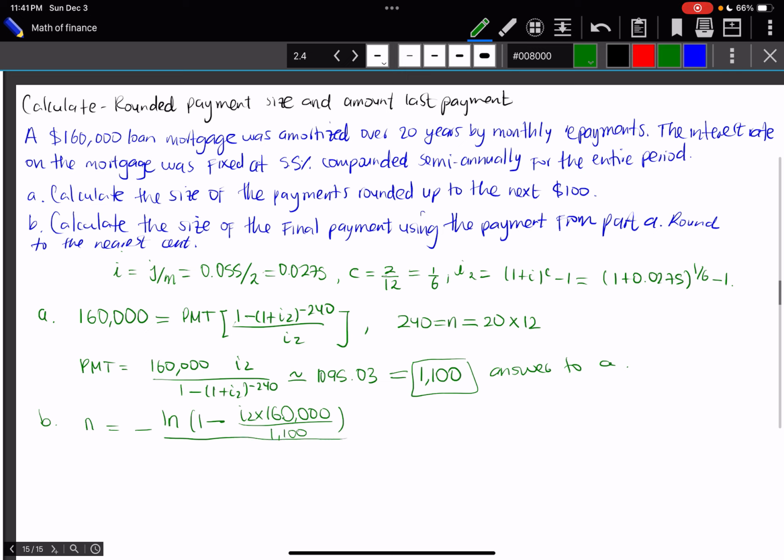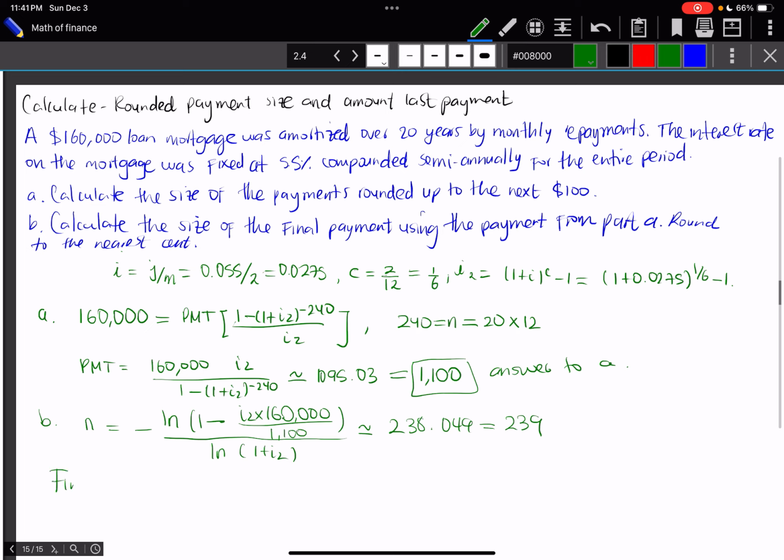And we divide the natural logarithm of that expression by the natural logarithm of 1 plus I2. And remember that this is I2. When we compute that value, we get approximately 238.049, which corresponds to 239 payments. We need an integer as n.